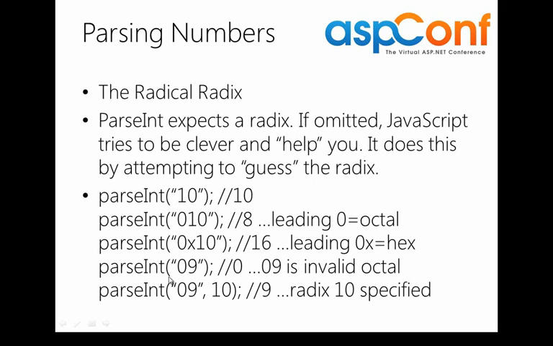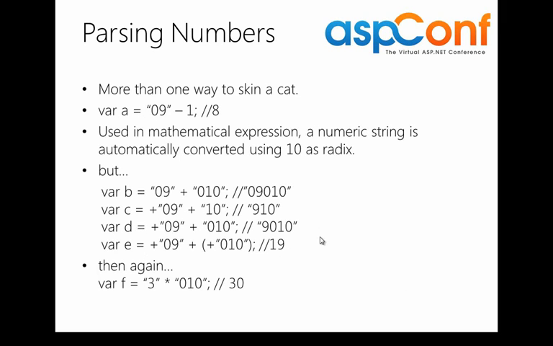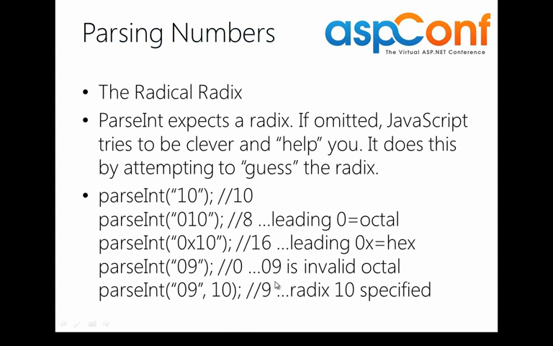As such, if you're doing parseInt 09, instead of getting any value, you actually get 0. It doesn't throw an error, it doesn't return NaN, it just returns 0. And 09 is an invalid octal, because octal numbers only go up to 7, so that's why you get 0.